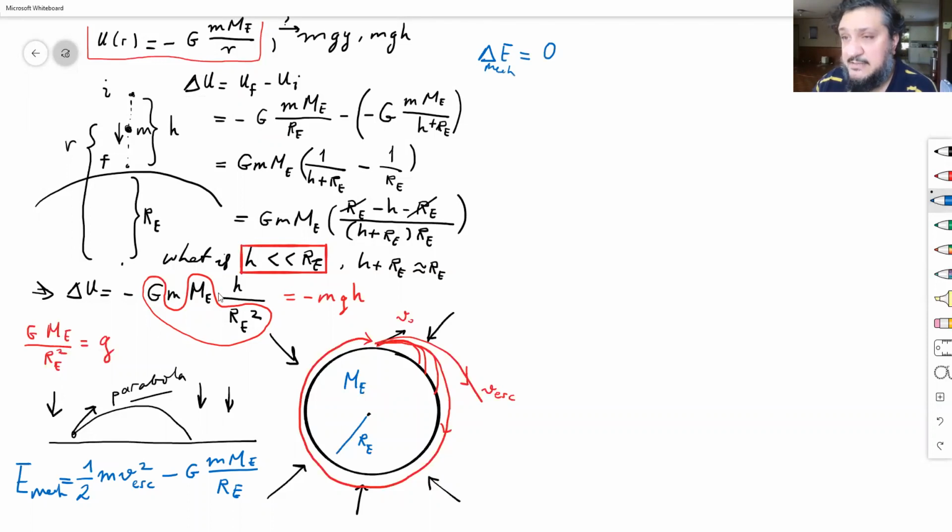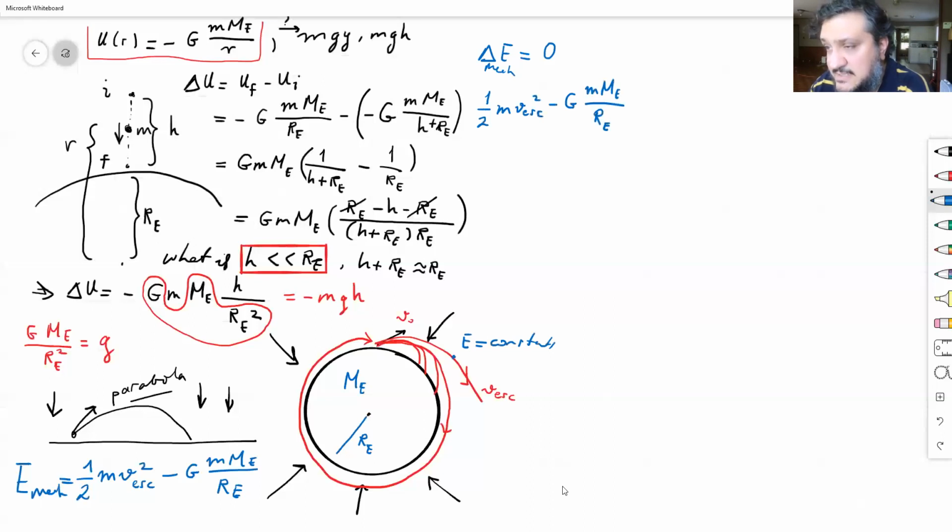This means that when you're far away from Earth, E is still the same, whatever you had in the beginning. So if I write 1/2 m v escape squared minus G times m mass of the Earth over R_E, this is the constant that never changes.